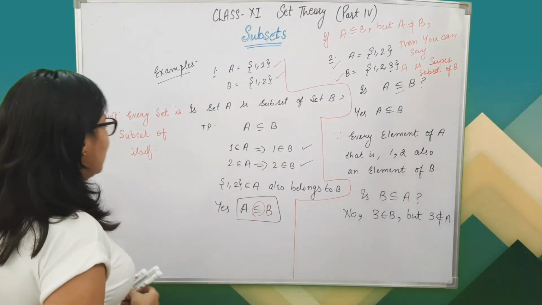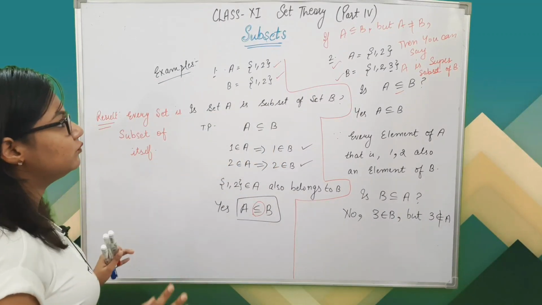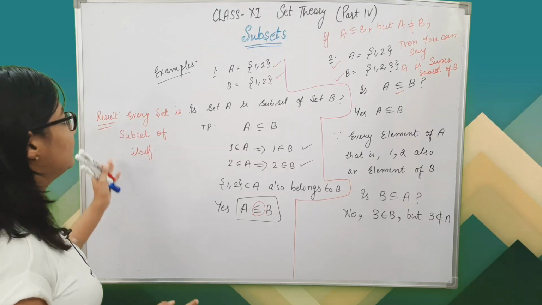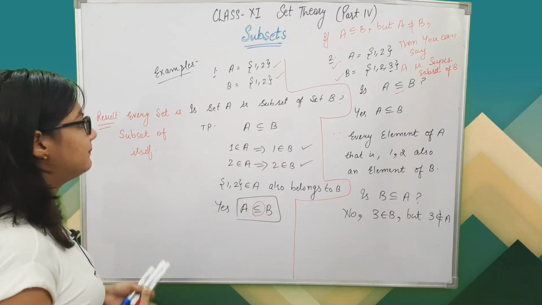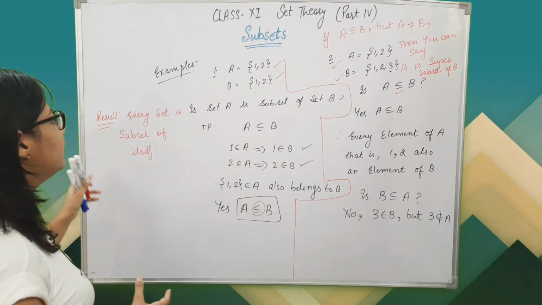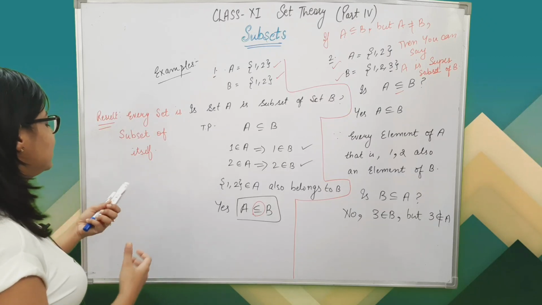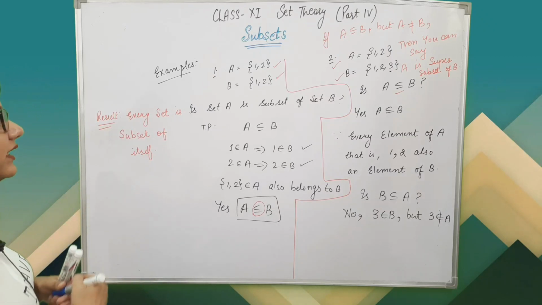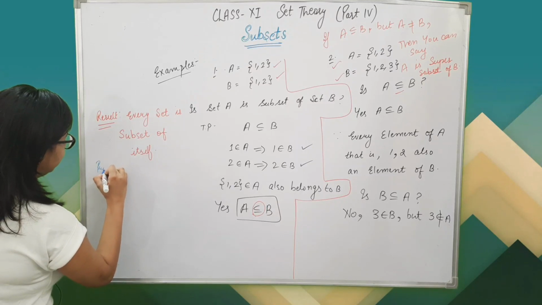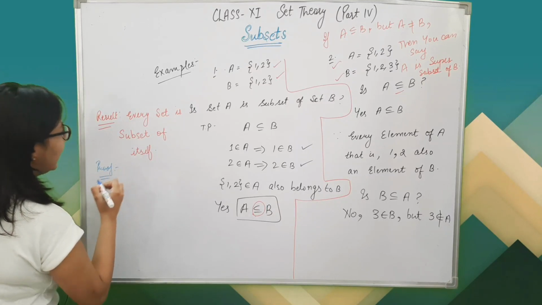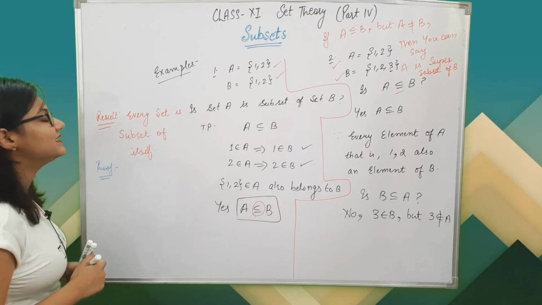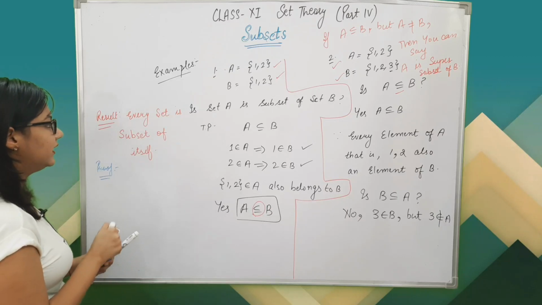Clear? Okay, we are done with the definitions, and with the example we derive one result also, and you can also write the proof of this result in a different manner. Like, you have to show every set is a subset of itself, right?